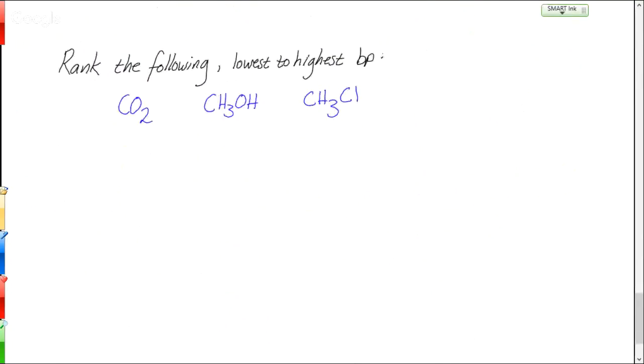Let me give you the structures for these so that you can see the sizes, or the shapes. So we did CO2 already, it looks like this. CH3OH is like this, basically, and CH3Cl is like that. So same thing, rank them and then discuss your reasoning, how you rank them, in your group. And we'll talk about it all together.